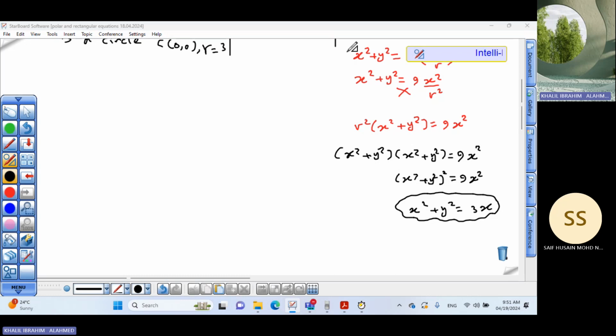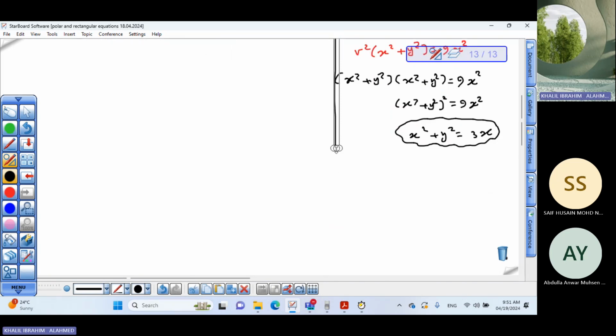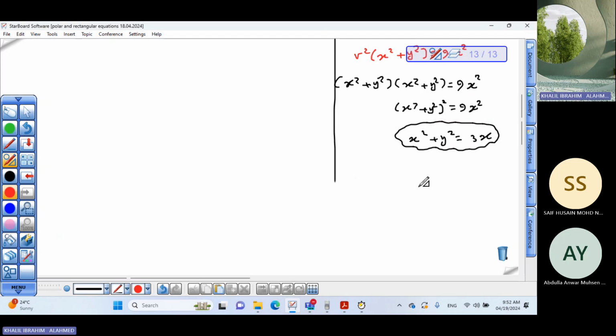Okay, another method: I can solve this example in two steps. Method 2, to solve the same example.